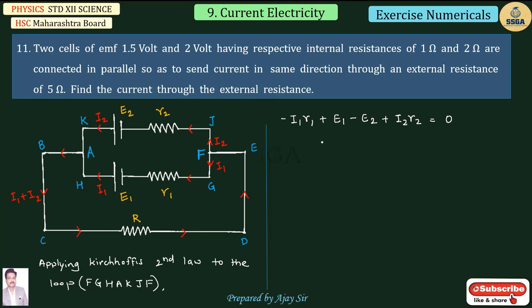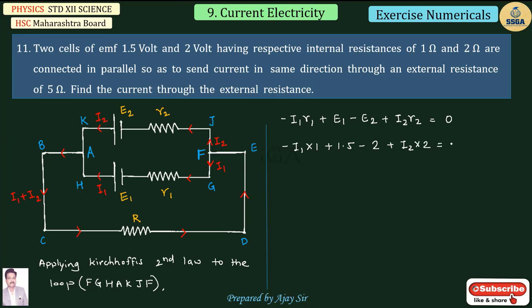Now again let us put the given values of E1, E2 and R1. R1 is equal to 1, so that is minus I1 into 1, E1 is equal to 1.5, E2 is equal to 2, and I2, this I2 we have to find, students. R2 is equal to 2 ohm.